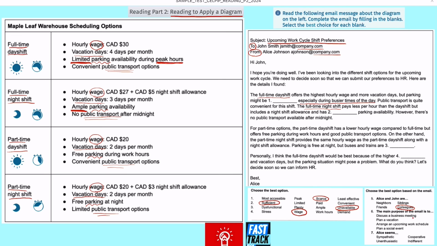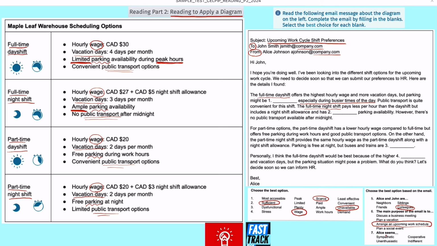Discuss a business meeting? No. Plan a vacation? No. Arrange an upcoming work schedule. That sounds right to me. And finally, item D, plan a social event. That doesn't sound right. The correct answer is item C, arrange an upcoming work schedule. Again, this should be very clear from the opening paragraph.